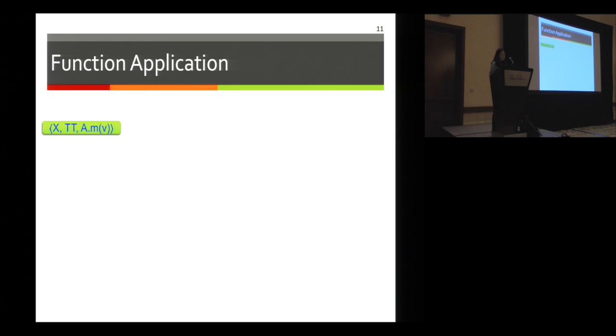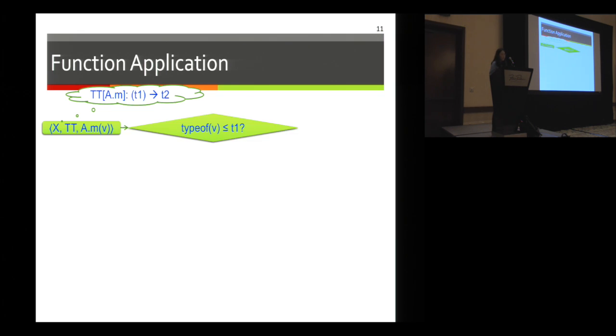Now let's look at how a function application would work in our system. In the configuration and the function application, the method name is a.m, and the actual argument value is called B. Before we are able to type check this function application, we assume that we have already stored the type of the method in TT, which is the type table. So first, we check if the runtime value of the argument is a subtype of its annotated type.